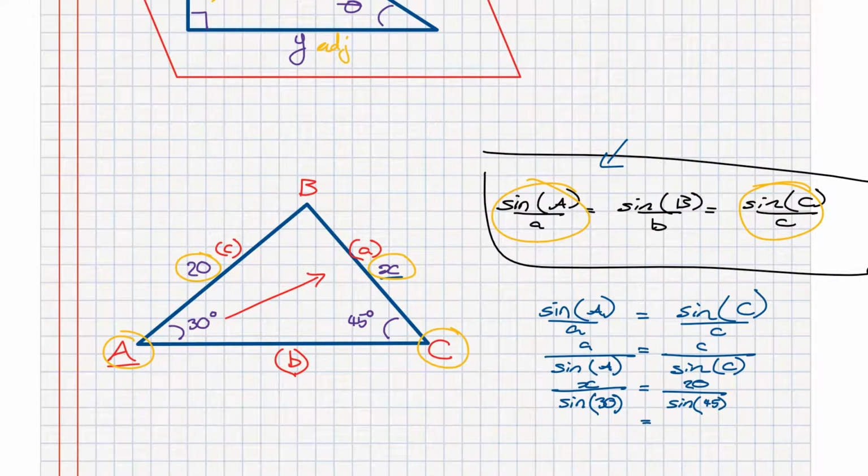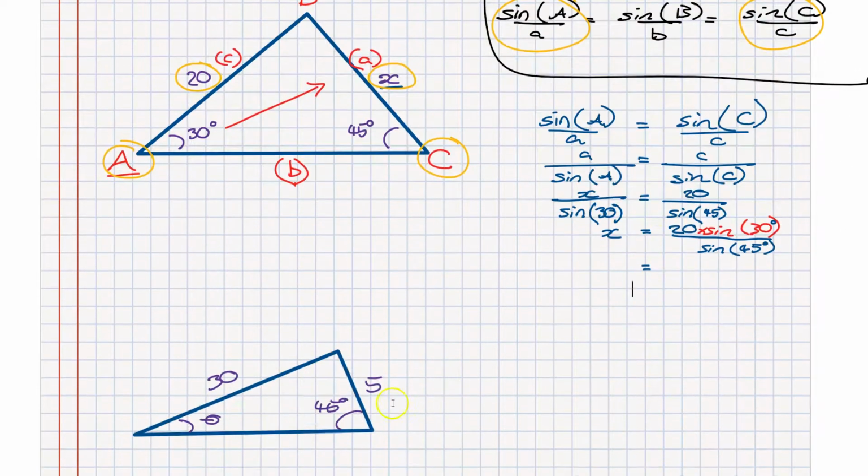Now rearranging to solve for x, I'm going to get x equals 20 sine 30, so this is multiply, and then we're still dividing everything by sine 45 degrees.